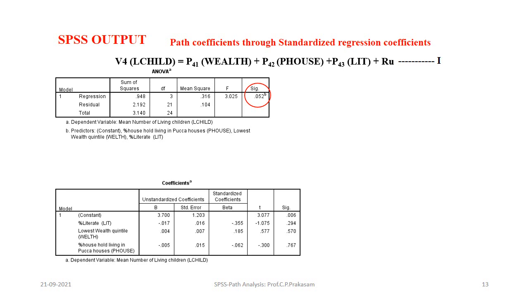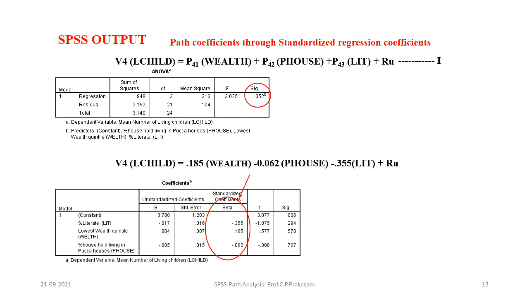Restructuring from the given output, we will get the equation like this: V4 equals 0.185, that is the path coefficient between V4 and V1, then minus 0.062, that is the path coefficient P42, and minus 0.355, that is the path coefficient P43, plus residual variable Ru.